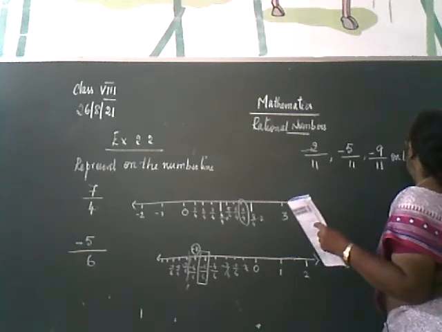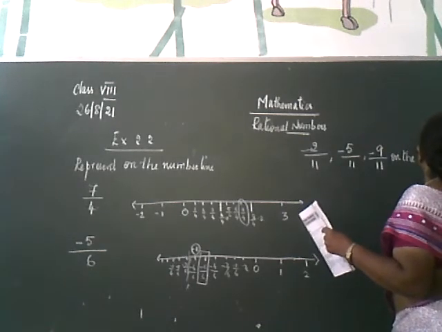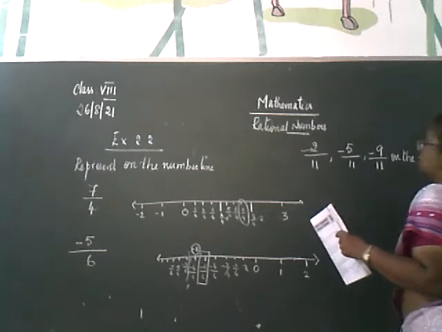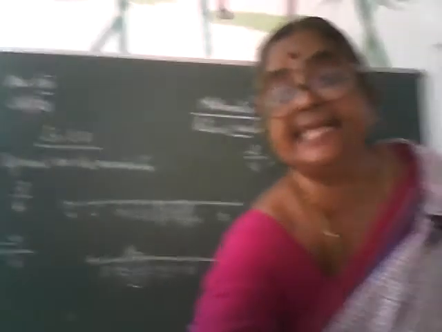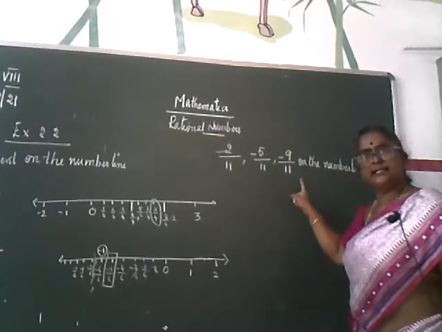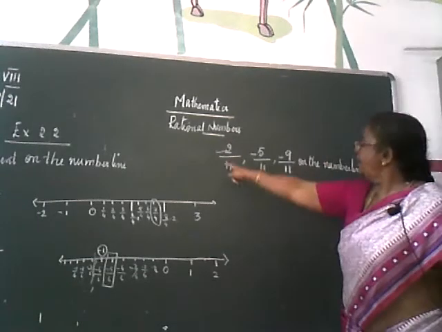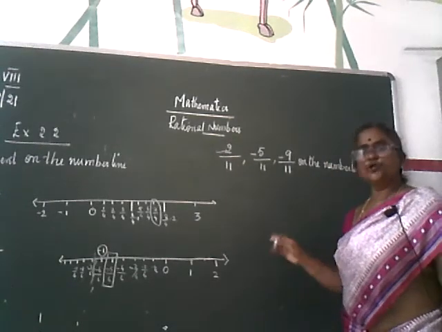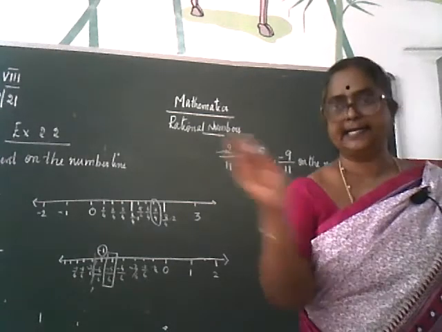Represent minus 2 by 11, minus 5 by 11, minus 9 by 11 on the number line. So now you should represent this on the number line. So how will you represent? See the denominator. When you see the denominator, all are divided by 11. All are negative. So let me consider on the number line only the negative side.